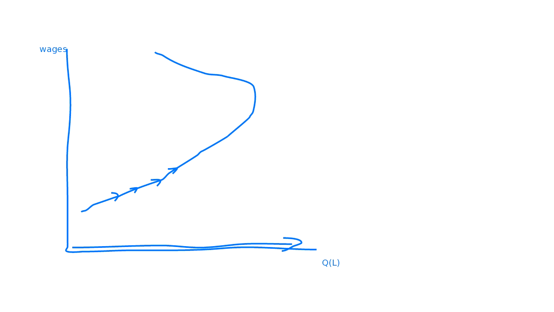And so what we've got here, let's see if I can draw it for you. We've got the wages going up and our quantity, woo, that's a huge Q, isn't it?